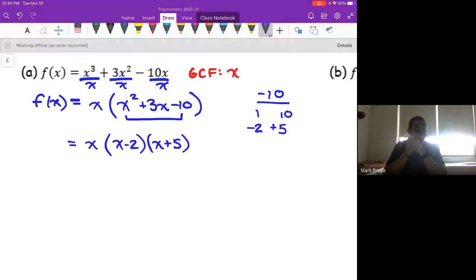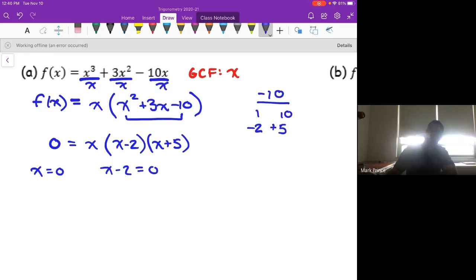So we've done this plenty of times already this school year. We have our factors. You don't have to do slide and divide because the number in front of x squared is 1. So the next part, we're going to set these equal to 0 and find each of our factors. So x equals 0, x minus 2 equals 0, x plus 5 equals 0.